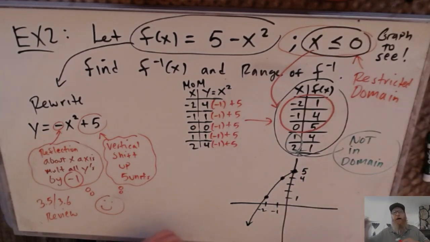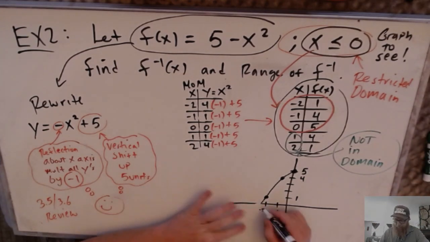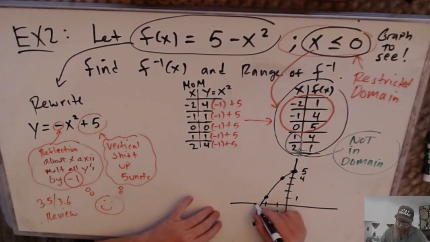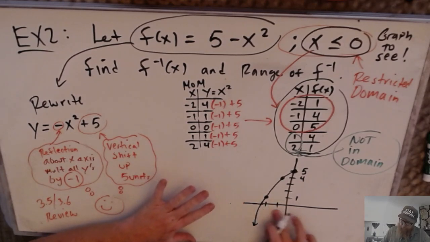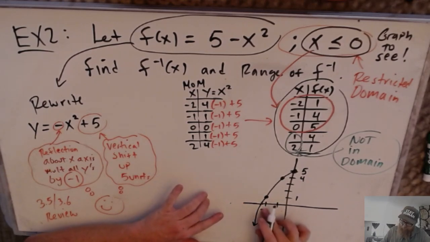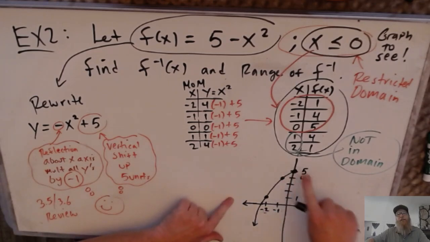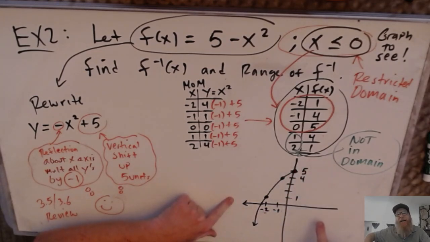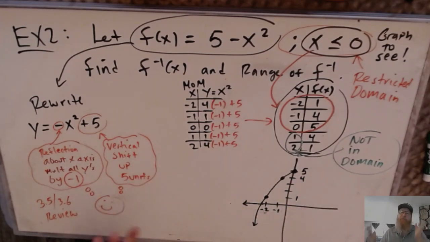So there's your graph. It should be a one-to-one function. If it's not one-to-one, we did something wrong. Does that look one-to-one? Yeah, notice it doesn't have another side to it. It's a half parabola. A half parabola is one-to-one.